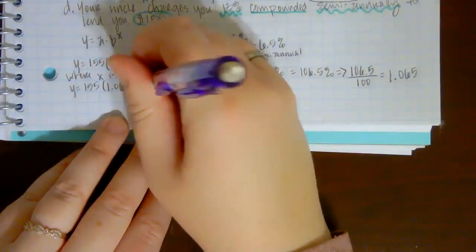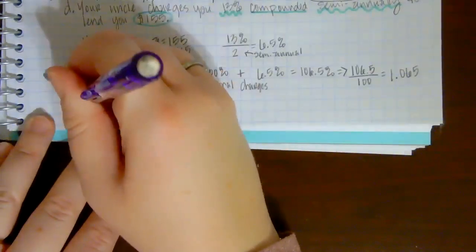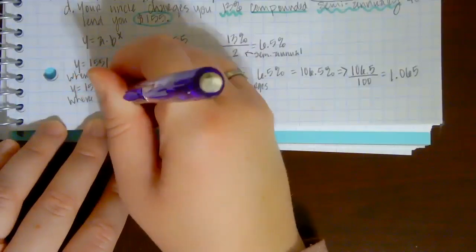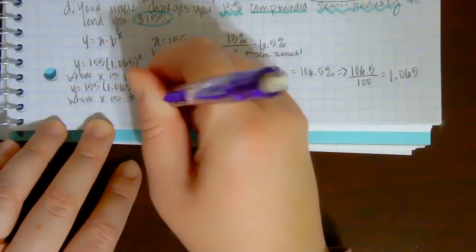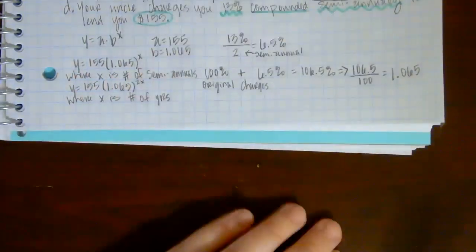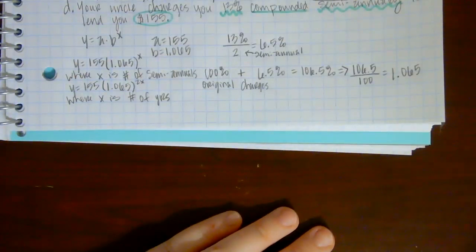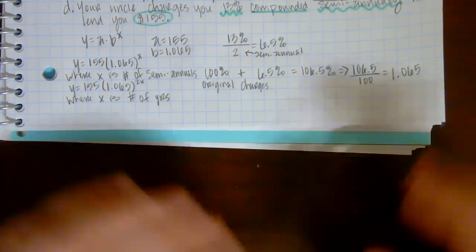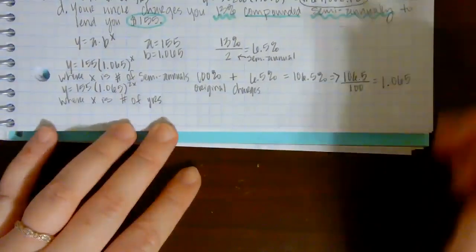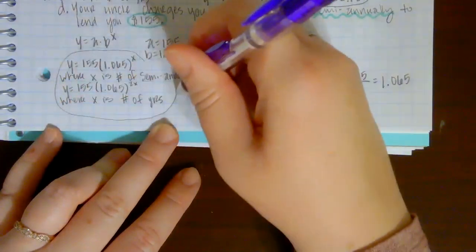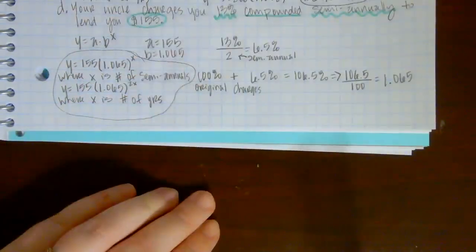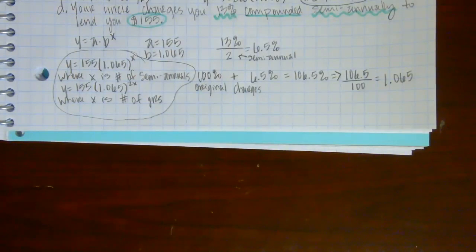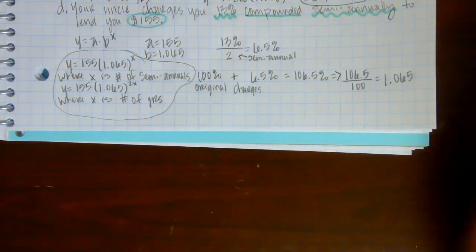So I could put 2x, where x is the number of years. So remember, either one of those is correct. Okay, and now since it doesn't give me how many semi-annuals I'm actually doing here or how many years, that means these are my answers, these 2 equations, whichever one you want to give, but you've got to tell me what x represents. Okay, so just adding a little bit more on to what we're doing.